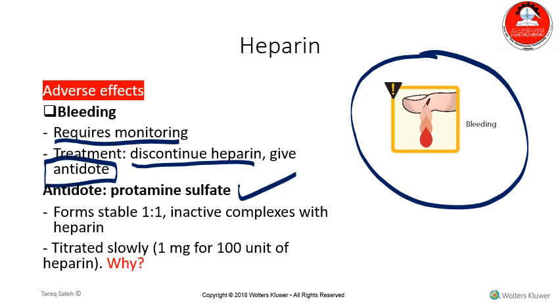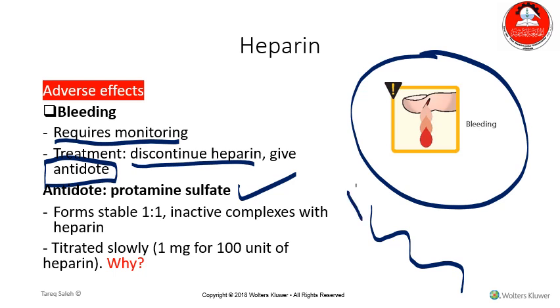So protamine sulfate is a drug that is very similar in structure to heparin. And that is why when protamine sulfate is administered, it forms a stable one-to-one complex with heparin. Like if this is the heparin molecule, it's usually a chain of glycosaminoglycans.